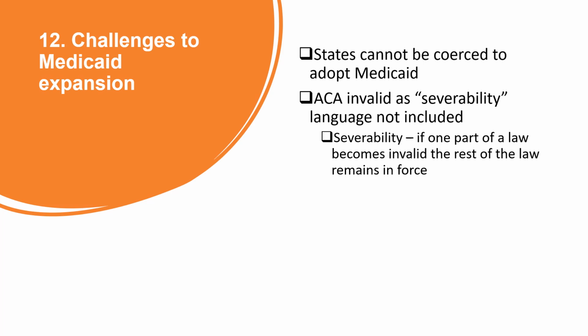And then the ACA, they claimed, was invalid because it did not include what is known as a severability clause. A severability clause says that if one part of a law becomes invalid, the rest of the law remains in force.